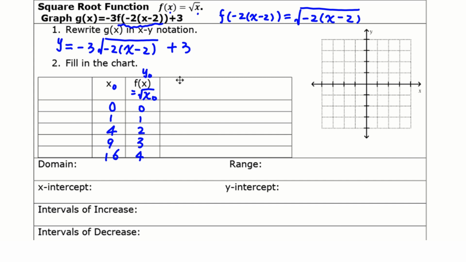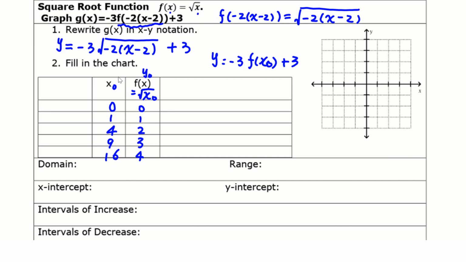And after that will be x0, square root x0, and for the y value, we are going to rewrite it as y equals negative 3 times f at x0, then plus 3.